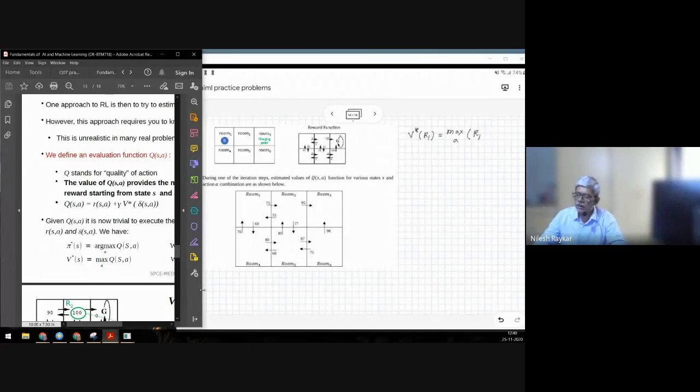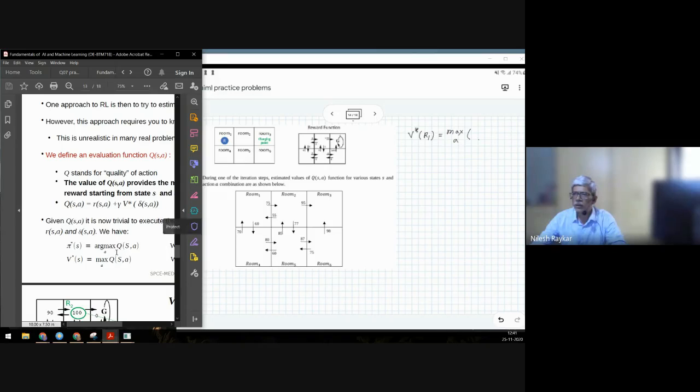You are in state R1, so whatever actions you can take from room R1, that is the max. When you are in room number R1, you can take two actions: either you can move down or you can move to the right.